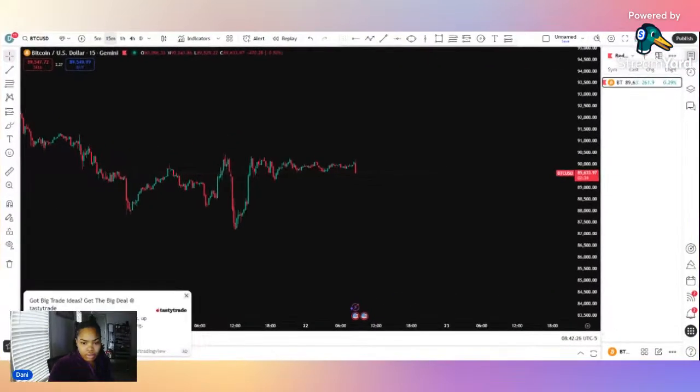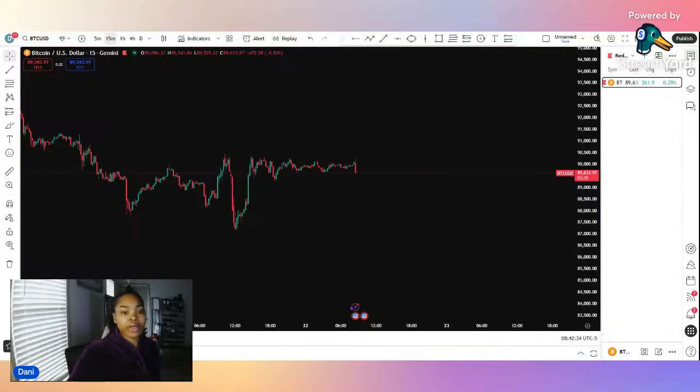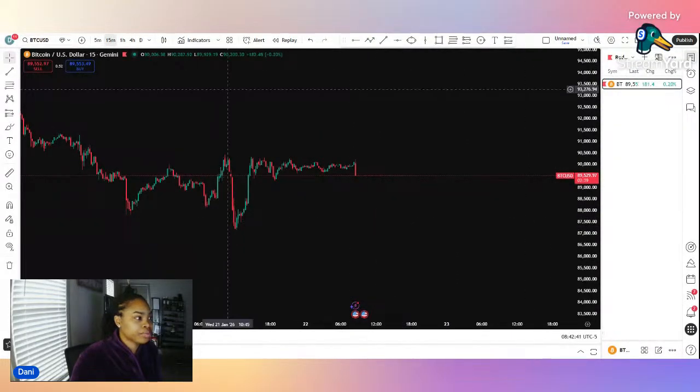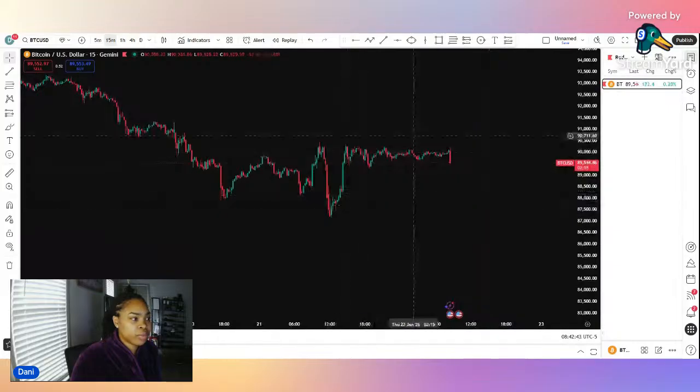Okay, we definitely have to change this layout. Does that work? Okay, so as we can see here, on the 15-minute time frame, we see some clear consolidation.